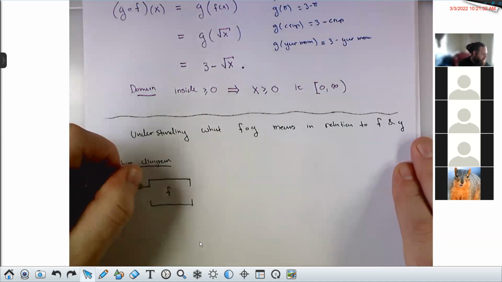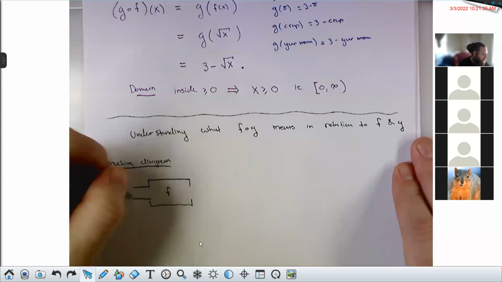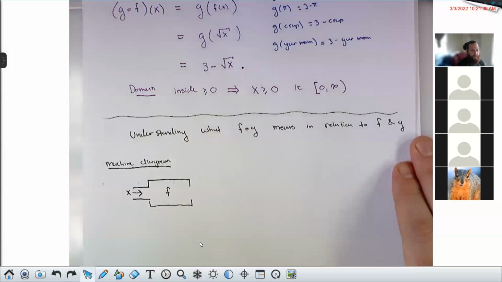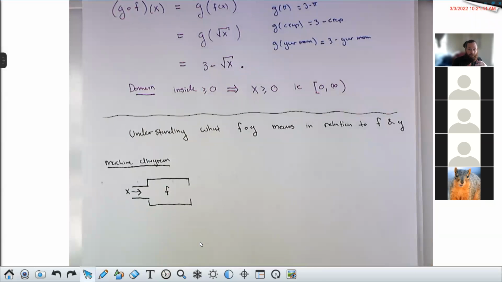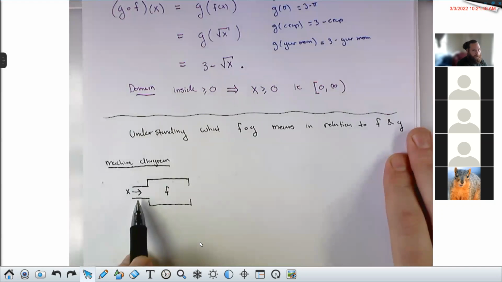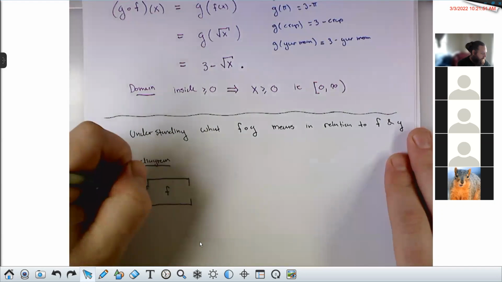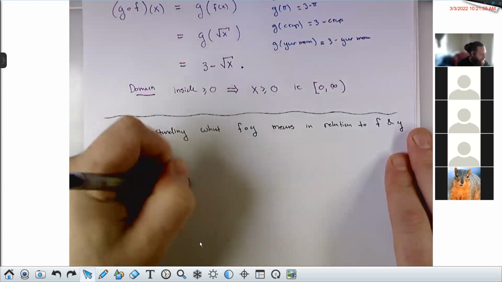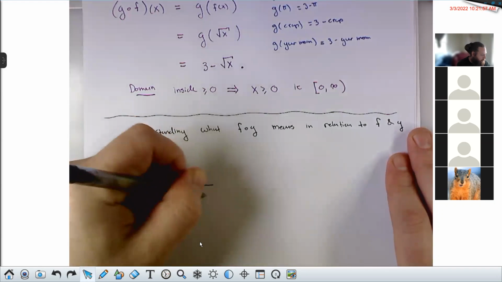what the F machine does over here is the input side. It takes in X's. It does something to them, maybe it takes the square root, maybe it adds 7, maybe it multiplies by 5 and then divides by 12, whatever. Takes in some input X. That X comes into the F machine, the machine does something to it, and then it spits something out.